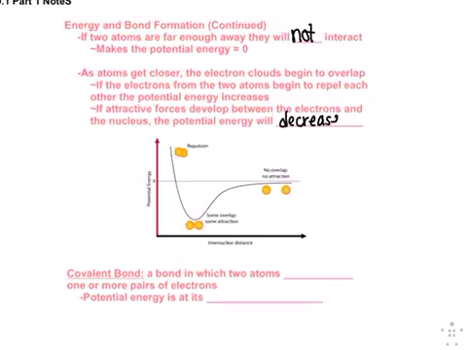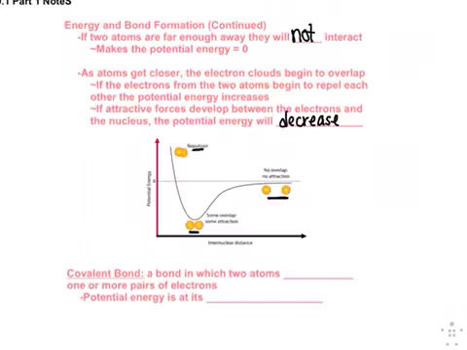This gets shown in this little handy dandy graph right here. Up here, if we have a repulsion, it shows high potential energy. If there is a little bit of overlap, we have low potential energy. And if there is no interaction at all, the potential energy will be equal to 0.